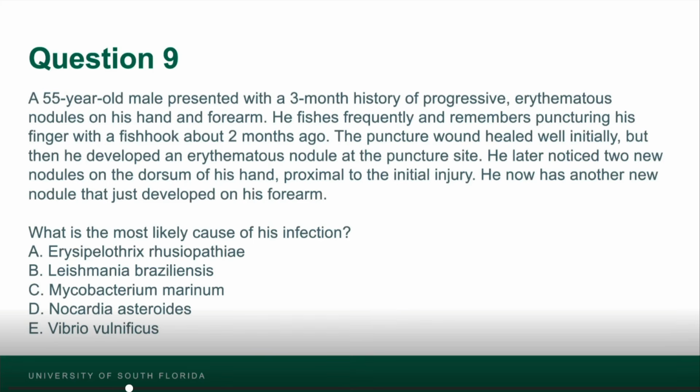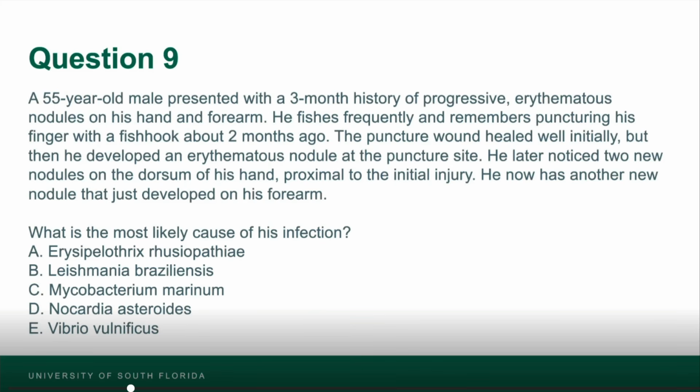Who's up? Taylor? What is the most likely cause of his infection? Options: Mycobacterium, Nocardia, Vibrio. It's a 55-year-old male who presented with a 3-month history of progressive erythematous nodules on his hand and forearm. He fishes frequently and remembers puncturing his finger with a fish hook about 2 months ago.